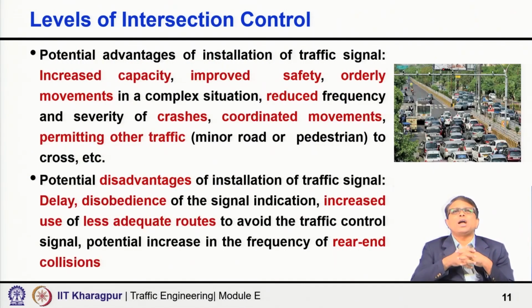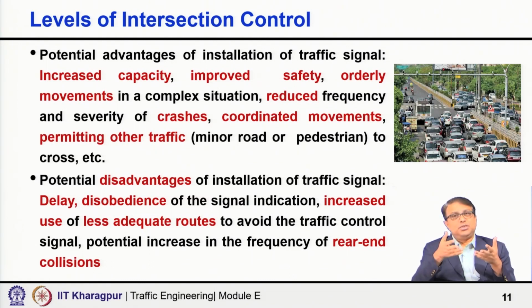Traffic signal control has several potential advantages. For example, it may help you to increase safety, improve the overall capacity of the intersection, and make orderly movements in complex situations. Many complex movements are happening and signalization helps make them more orderly.